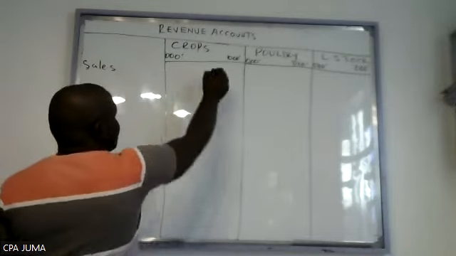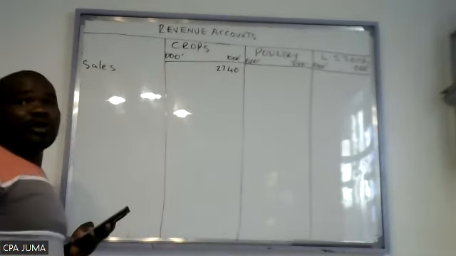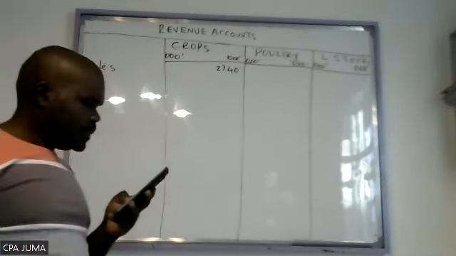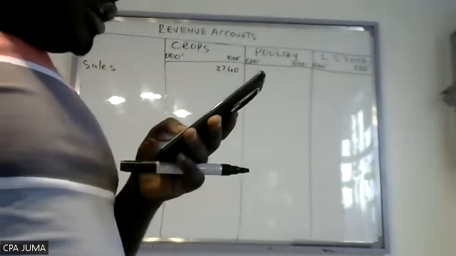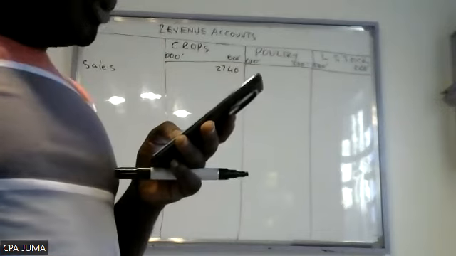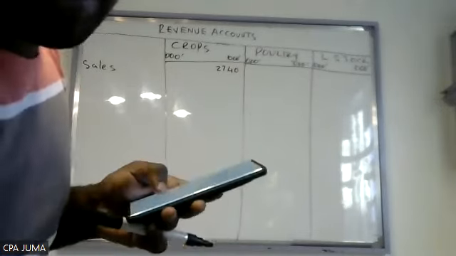I hope you can see it. So to the far end, sales, you take them to the far ends. Then for poultry, I want us to help each other quickly. Poultry, you will add for me eggs and poultry itself. Eggs is 720 plus 1640.